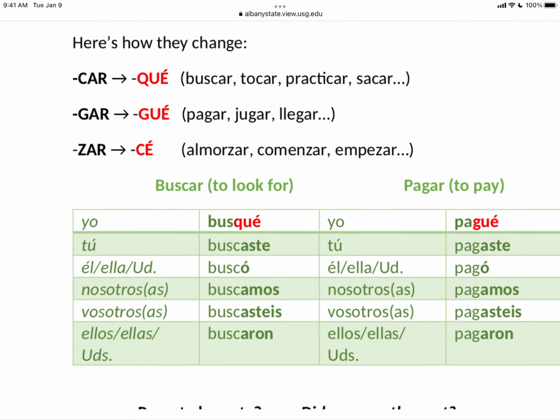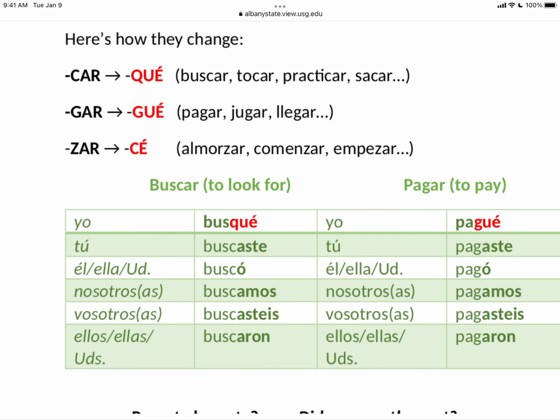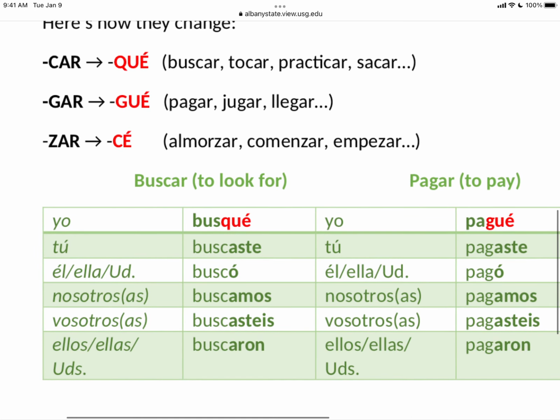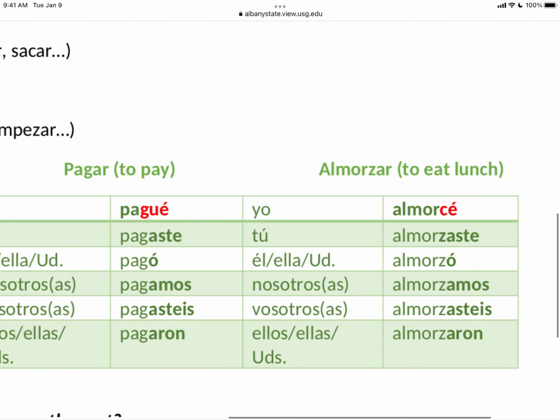And again, these are only AR verbs that are car, gar, and zar, and they only change in the yo form. Another example over here is pagar, the GAR drops and it changes to GUE con acento, and then the other subjects are all the same as our regular preterite tense verb: aste, ó, amos, asteis, aron.